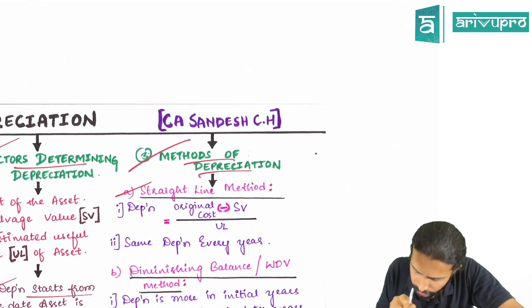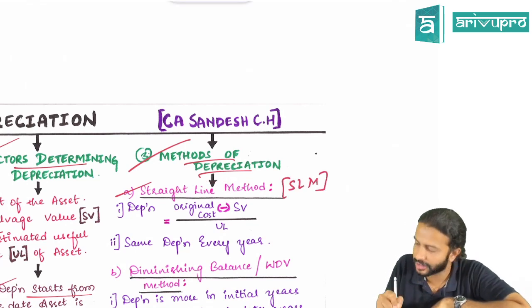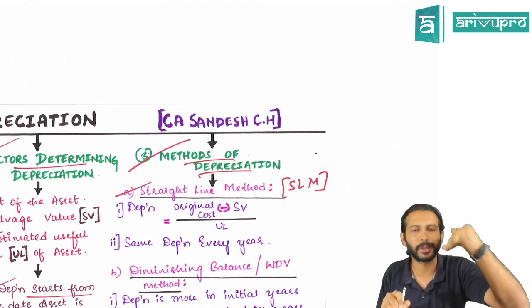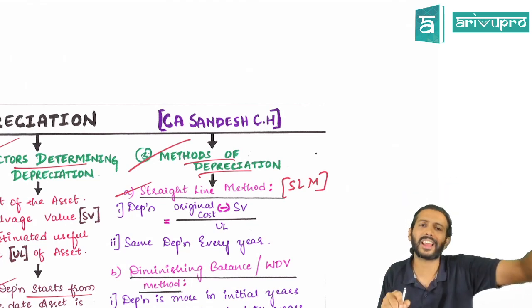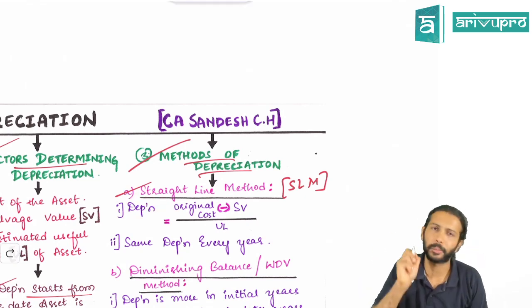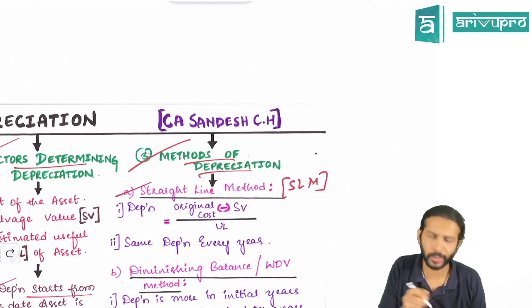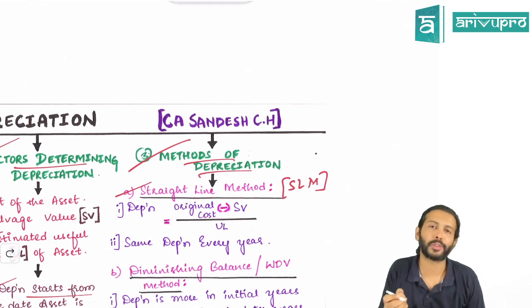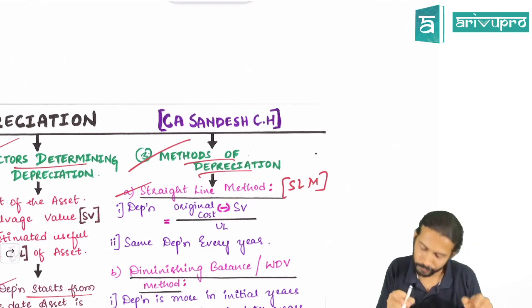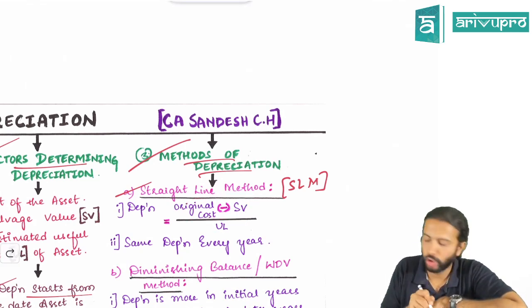First is the straight line method, or for our class purposes, the SLM method. Under this method, depreciation is given by the formula: original cost minus salvage value divided by the useful life of the asset. That's what we did for the camera.